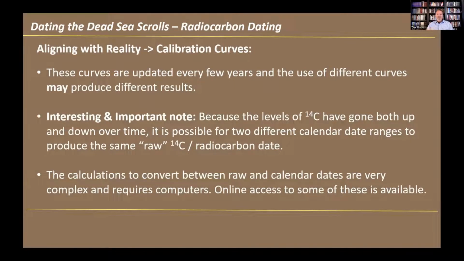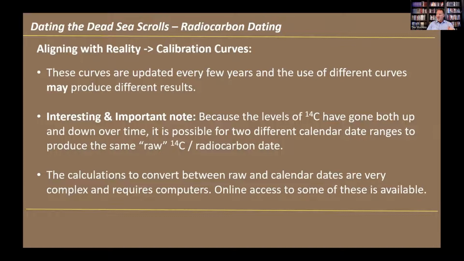Now, these curves are updated every few years, and the use of different curves from different years may produce different results. But these different results generally are not overly material.